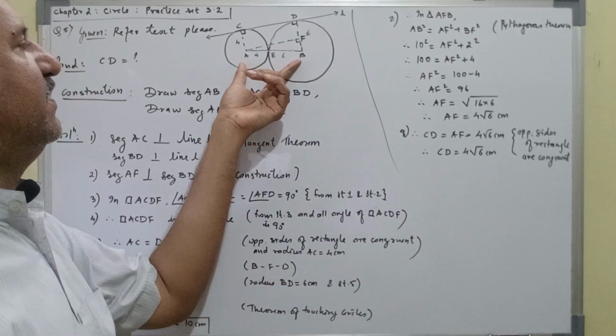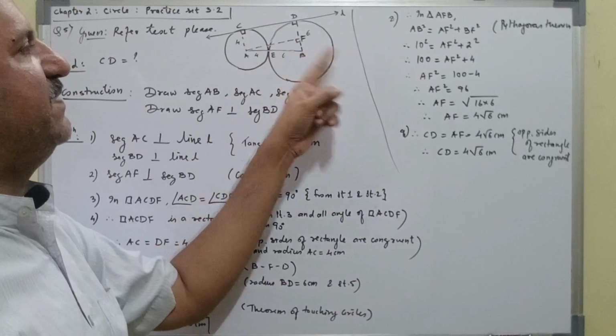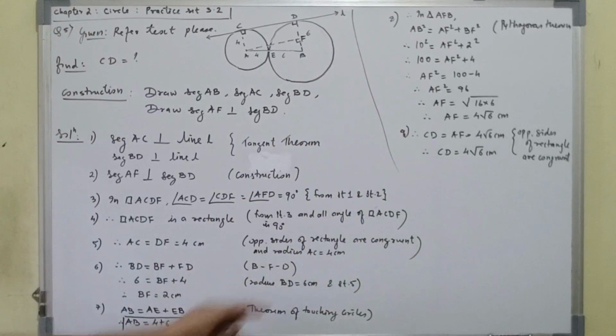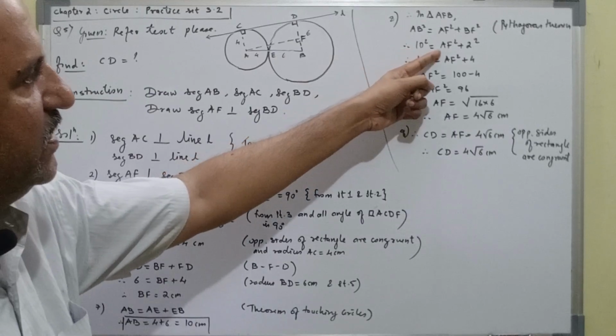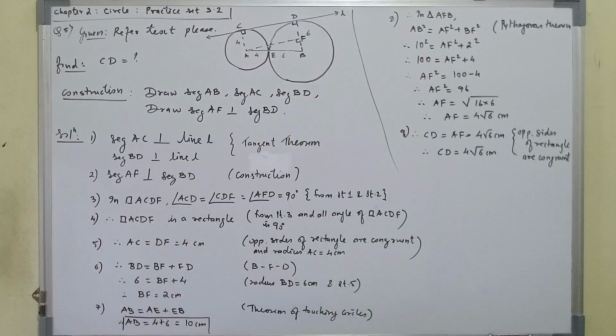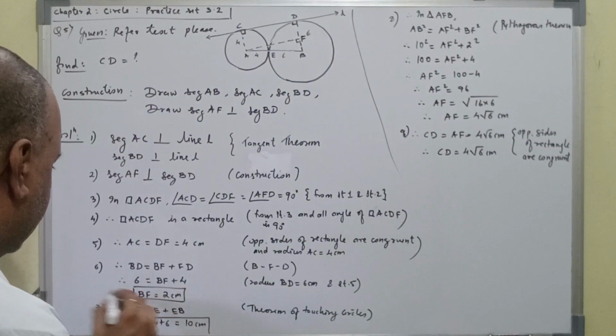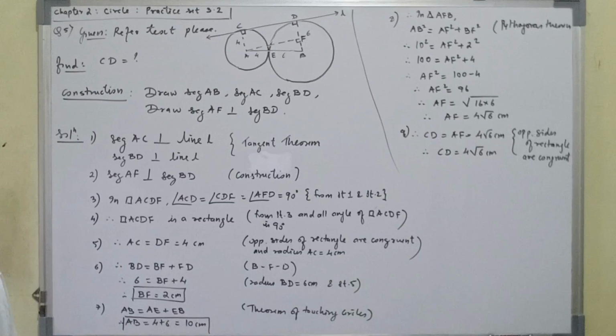AB square equal to AF square plus BF square. AB we found out 10 centimeters, 10 centimeters square, equal to AF we have to find out, plus BF we have found out, 2 centimeters. So write down that 2 centimeters there.